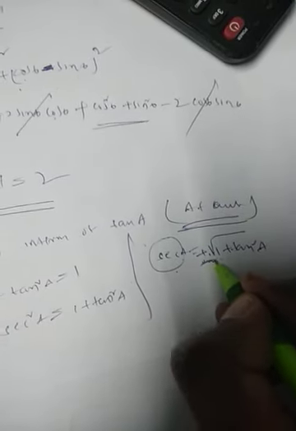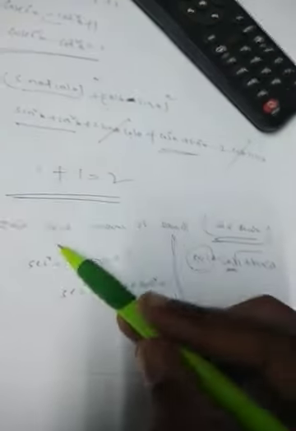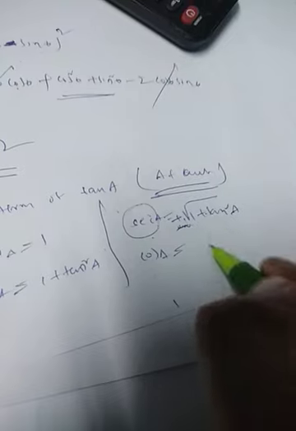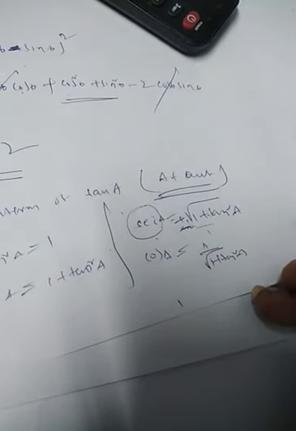That is the reason I am taking only plus. Actually we don't need sec A, we want sin A and cos A. But why I am taking it is that sec and cos are reciprocals of each other. Cos A is equal to the reciprocal of this, that means 1 by root of 1 plus tan square A.